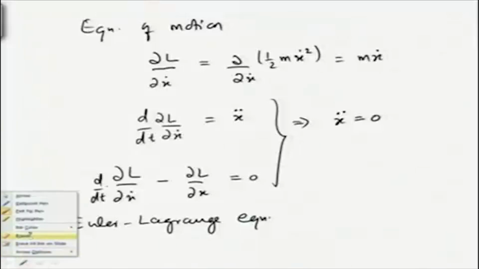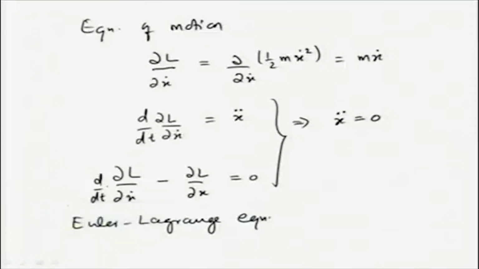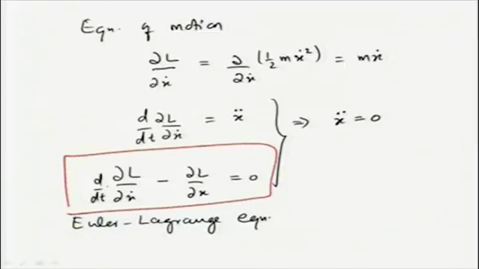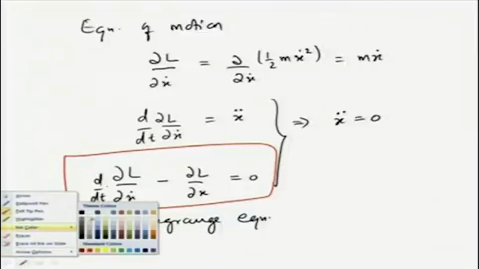So, this particular Euler-Lagrange equation can be generalized to more than one coordinate, and in particular we are interested in continuous systems of particles. For a continuous system, say a block of matter, a solid block or things like that, we have infinitely many degrees of freedom.